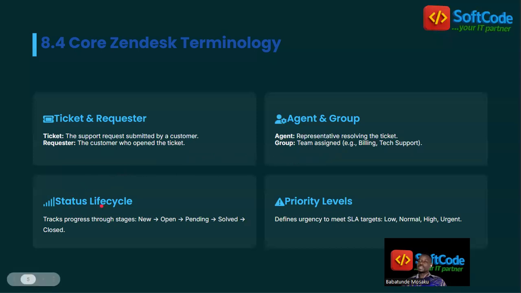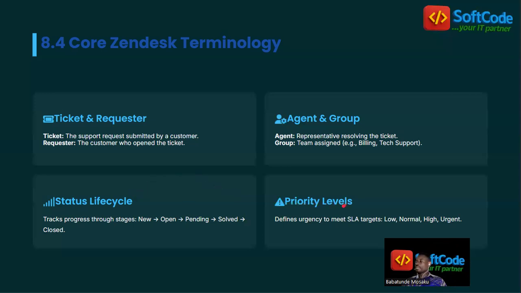And then status life cycle tracks the progress of the ticket through stages. The ticket can be new, open, pending, solved, and then closed. This is just a pick list anyway, for them to manage the progress the ticket has made.